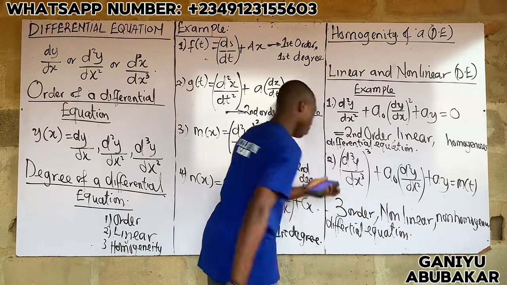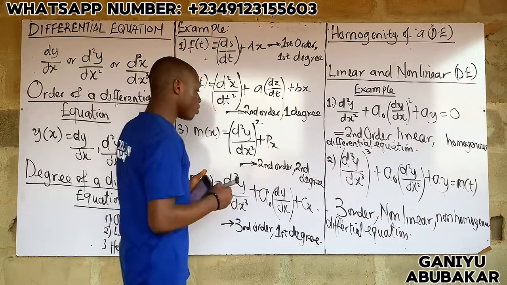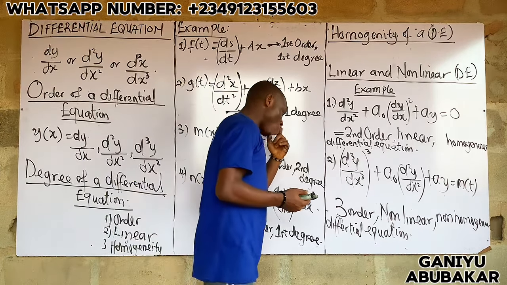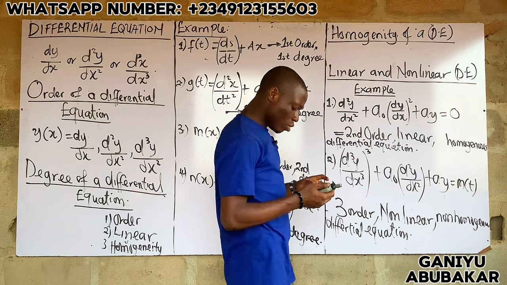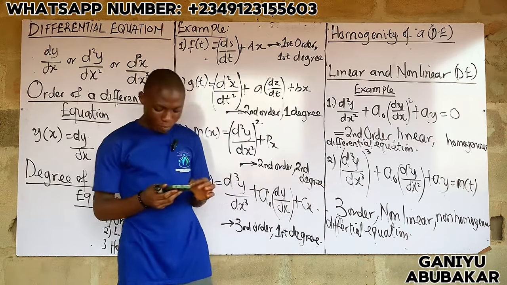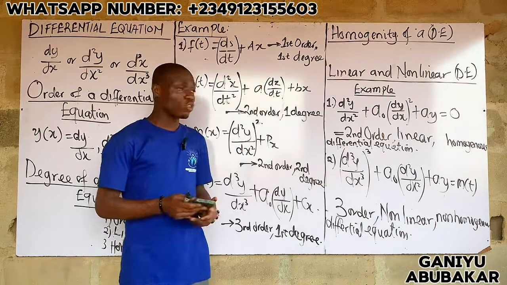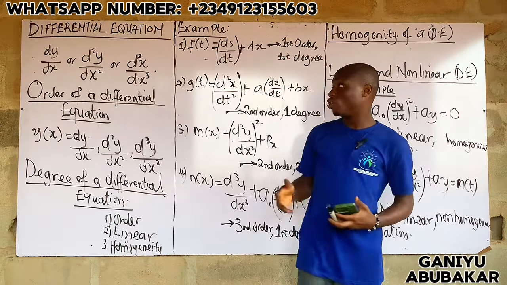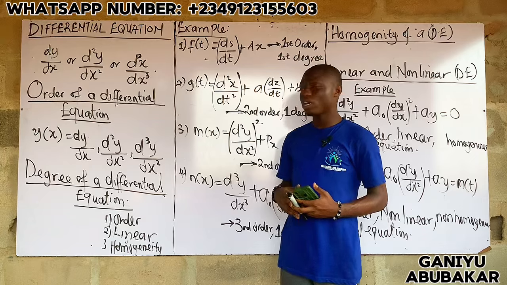I have this one here. So this becomes third order non-linear homogeneous differential equation. So I have this one here, as you can see in front of you. So here is the concept behind the introduction to differential equation.